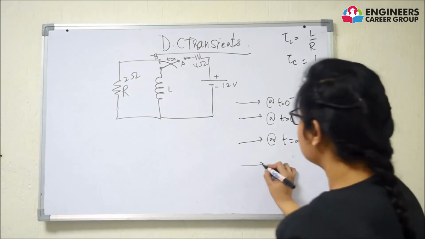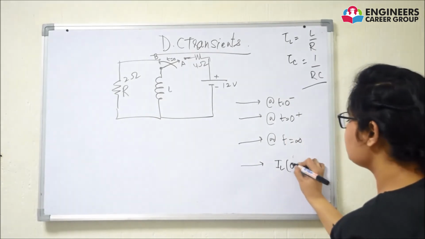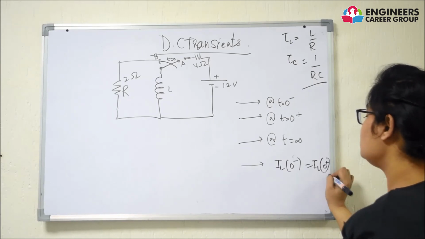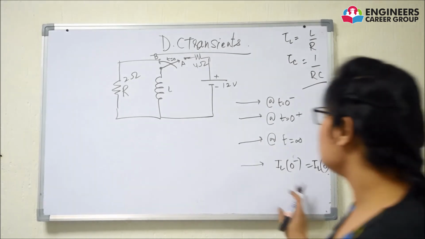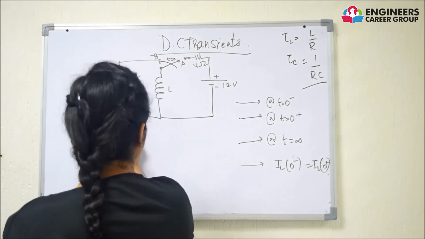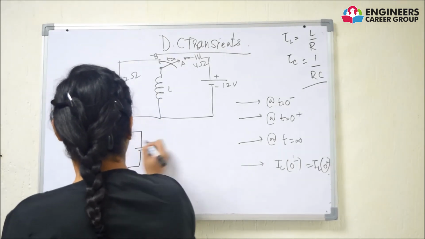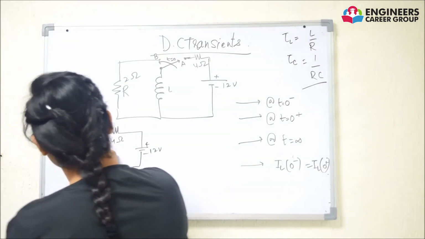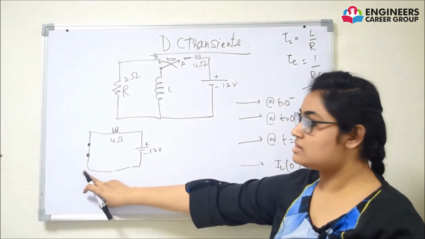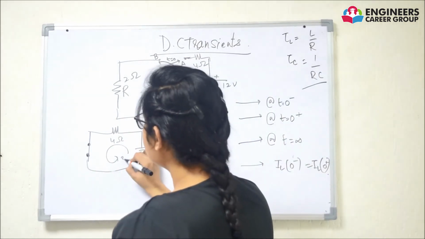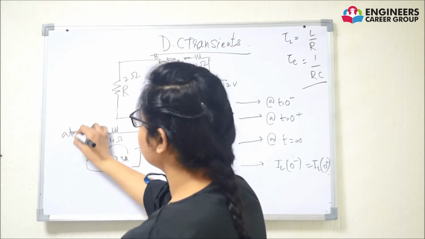And we have to remember that IL0 negative is equal to IL0 positive because current in inductor does not change instantaneously. Now for t is equal to 0 negative, the circuit will be, because this is short circuit, we have already discussed that inductor will act as short circuit. Current in this circuit will flow as 3 ampere at 0 negative.